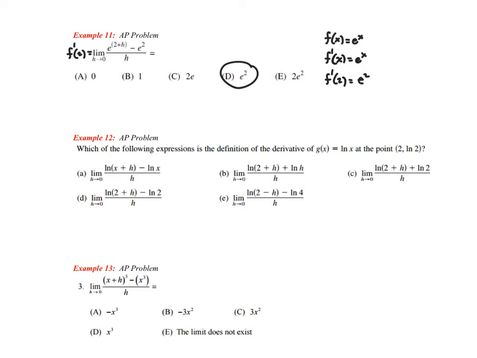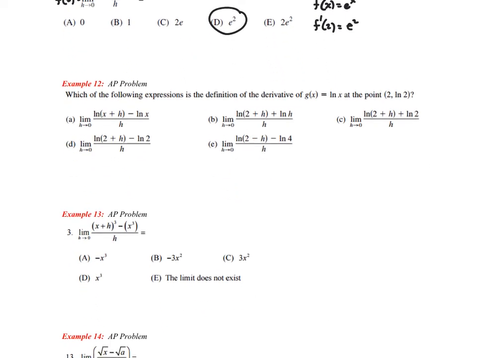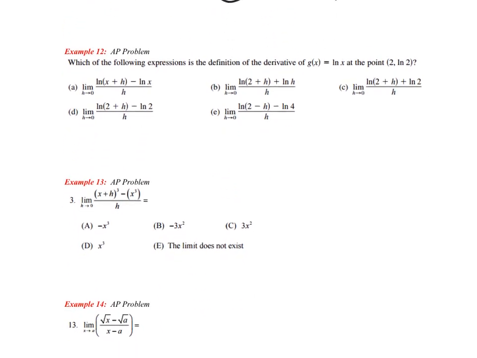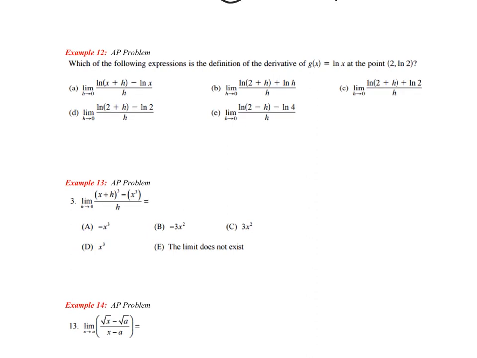All right, number 12. Which of the following expressions is the definition of the derivative of g of x, which is ln of x, at the point 2, ln of 2?